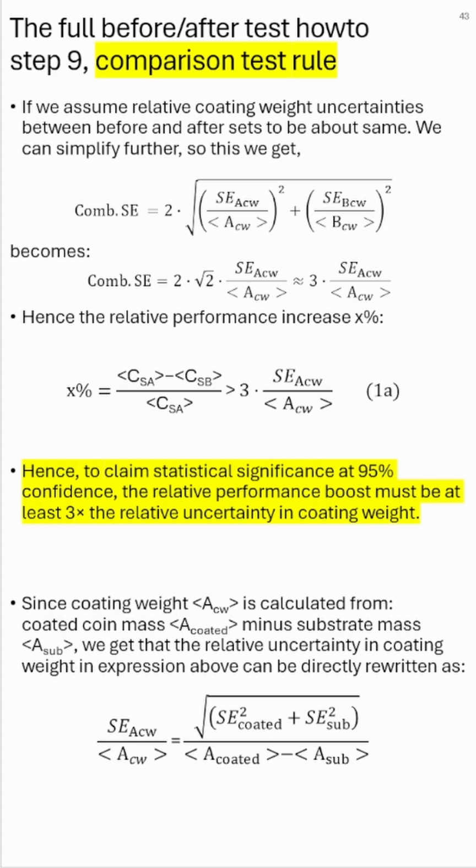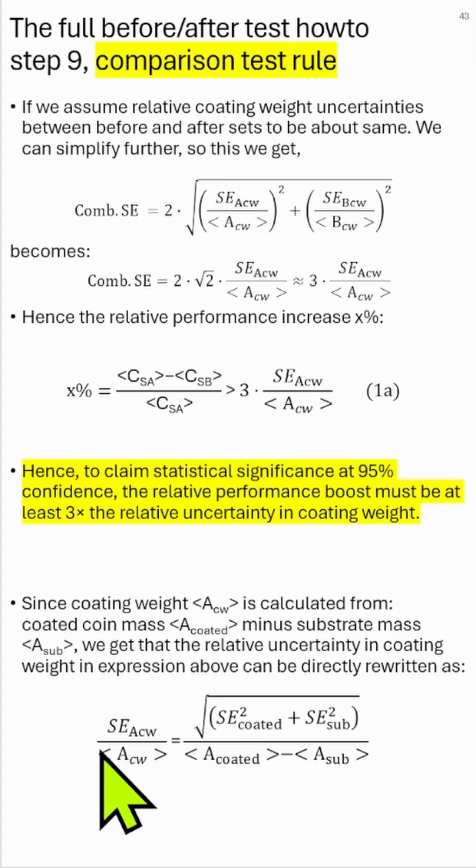Since the coating weight in the A set is calculated from the coated coin mass, the full coated coin mass, minus the substrate mass, right? Then we can put that into the same equation.